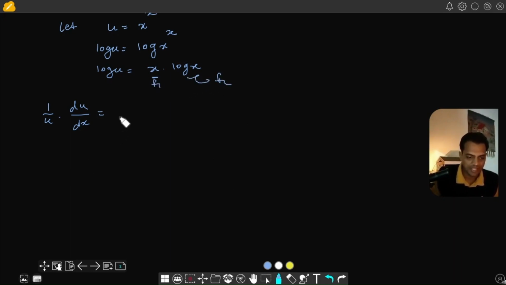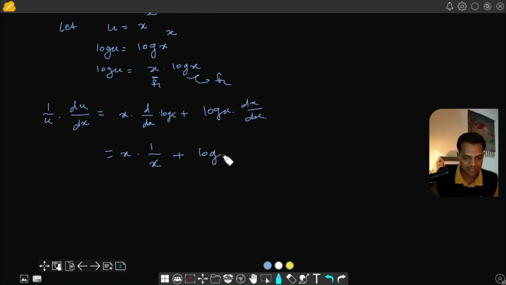So the first function as it is, times the derivative of the second function, plus the second function as it is, times the derivative of the first function with respect to x, which is equal to 1. So it is x into the derivative of log of x, which is 1 upon x, plus log of x, and the derivative of x with respect to x is 1. So this x and x will get cancelled, so it will become 1 plus log of x.